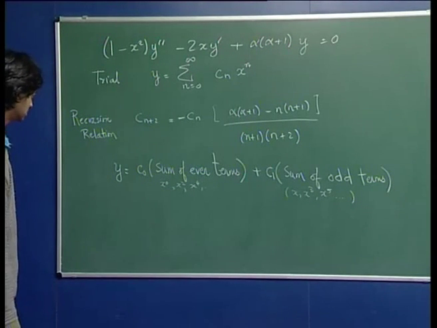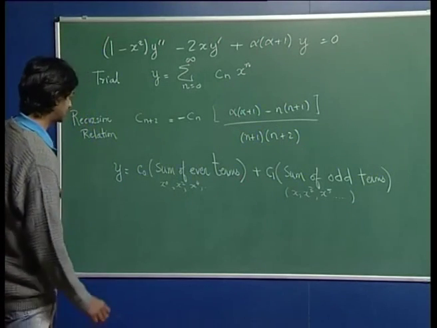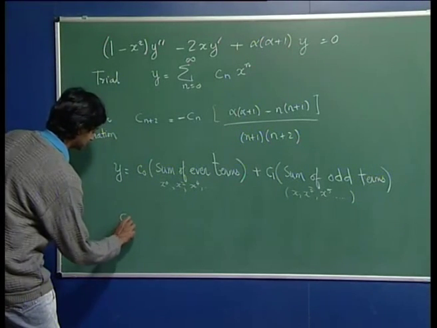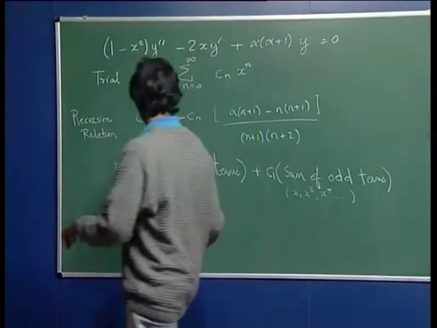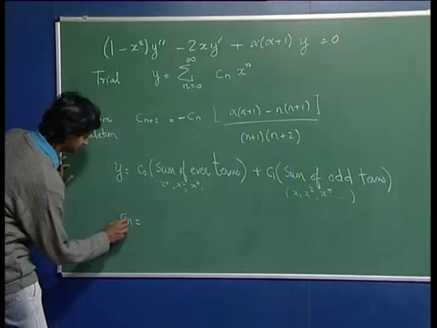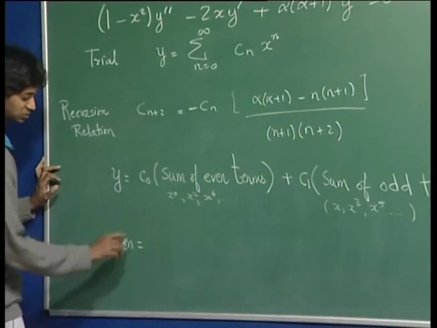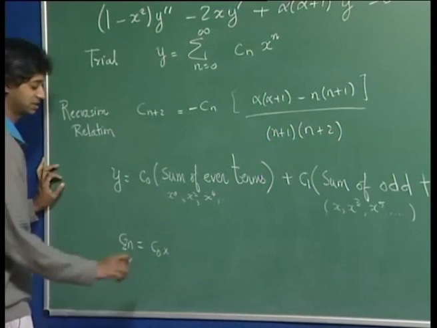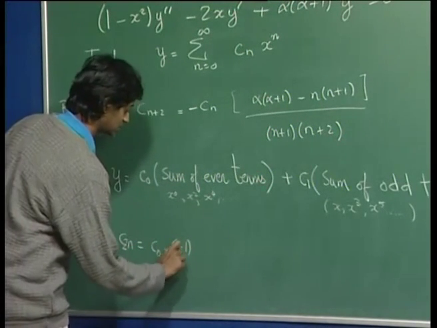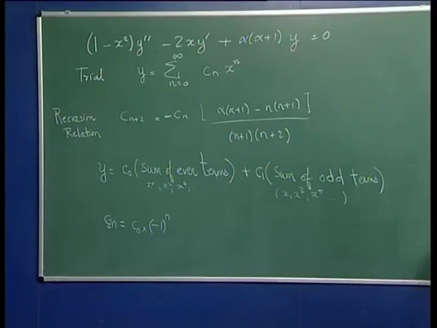Formally, you can show that for an even coefficient, C_2n is proportional to C0. So, this is C0 multiplied by something, and that something is minus 1 raised to n. Each time you go one lower, you get a minus 1.